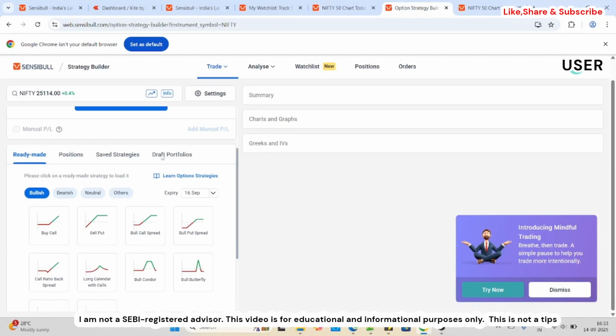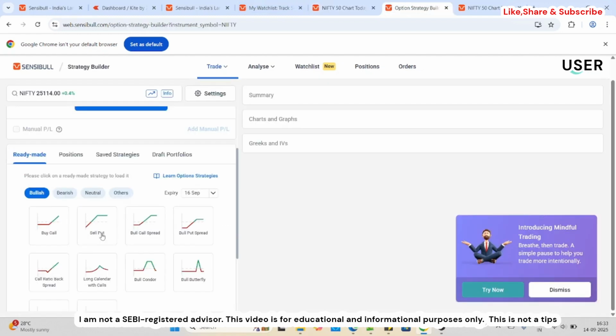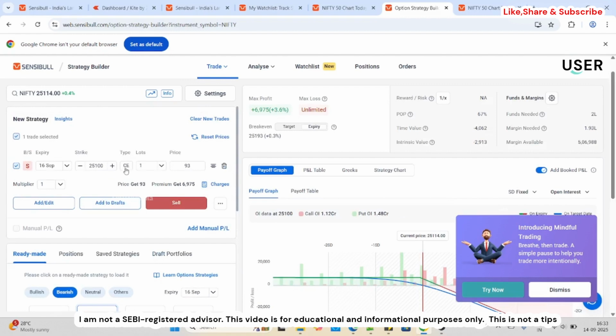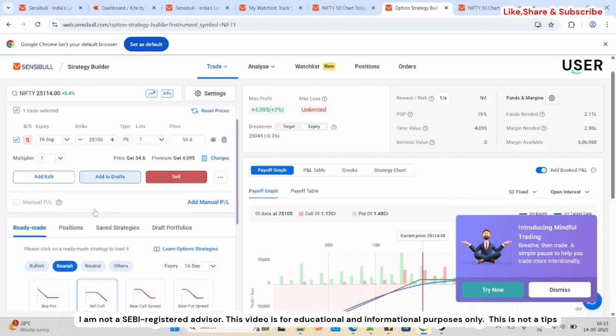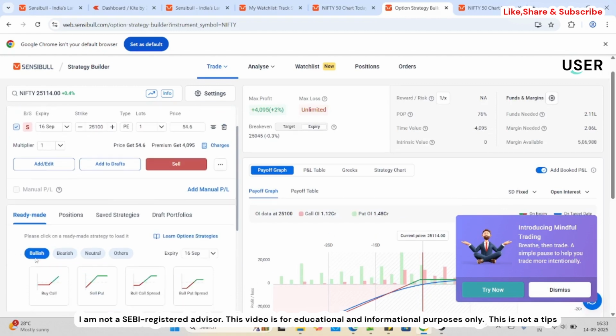It is showing that it's not a naked put option. Okay, they have made a sell option here. PE sell. Here only, directly, we can get this option, PE sell.